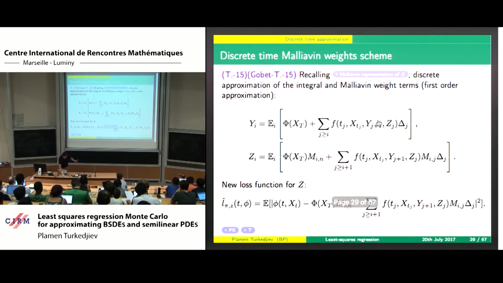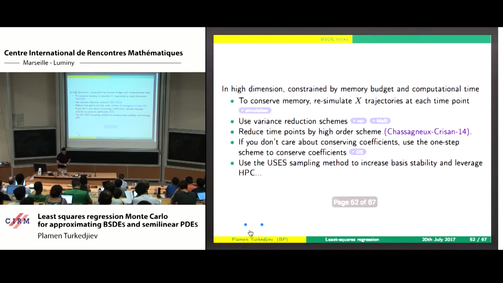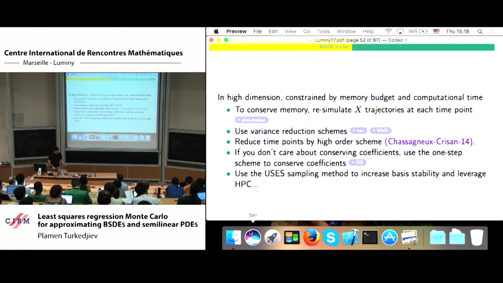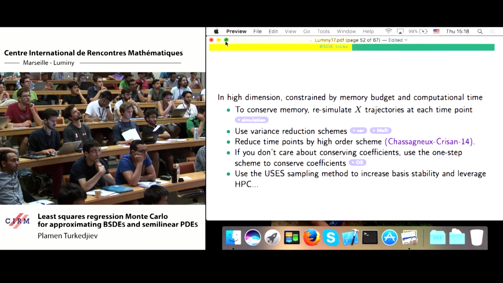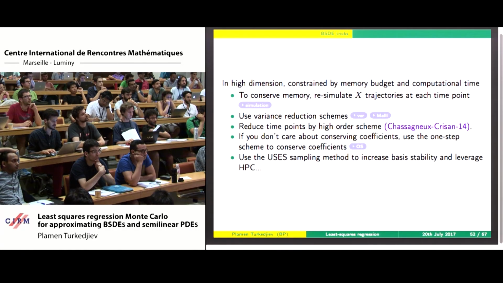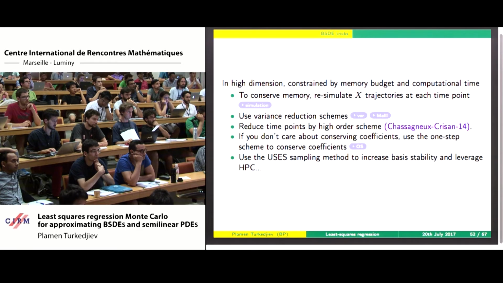And also, in fact, the Bender-Zhang scheme, because like we said, it has a lower variance than the multi-step forward scheme. You can reduce the number of time points you use by using a higher order scheme. So that's a la Chassagneux-Crisan.